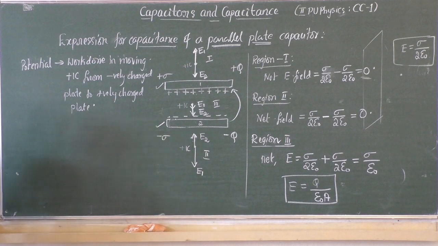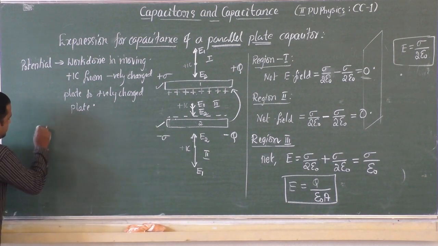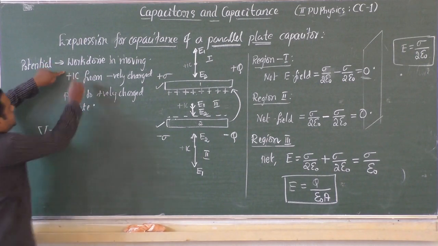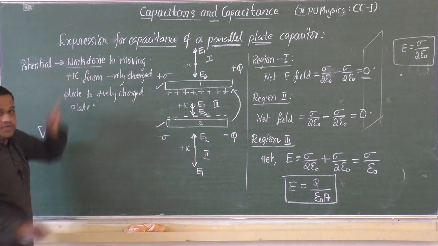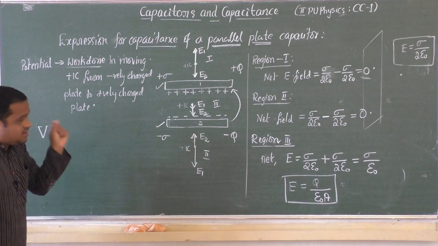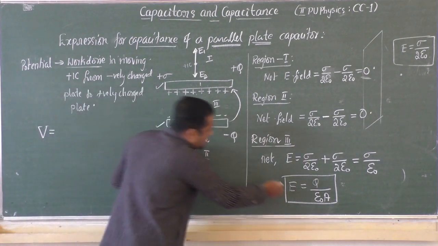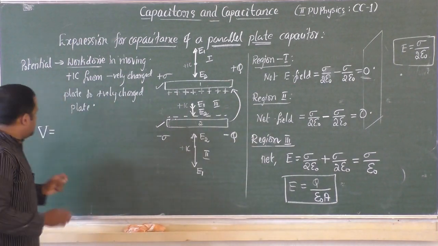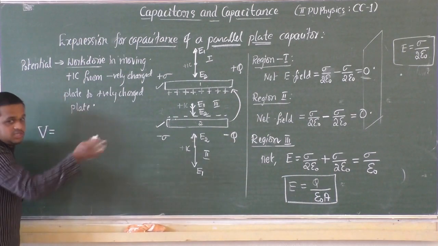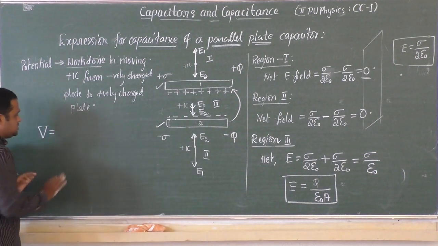Therefore, potential difference between the plates of capacitor is the work done in shifting unit positive charge, which means work done against the net electric field. We know that work done is equal to force into displacement. Use the same concept.